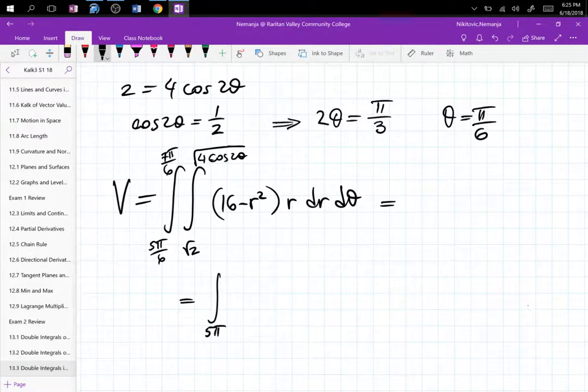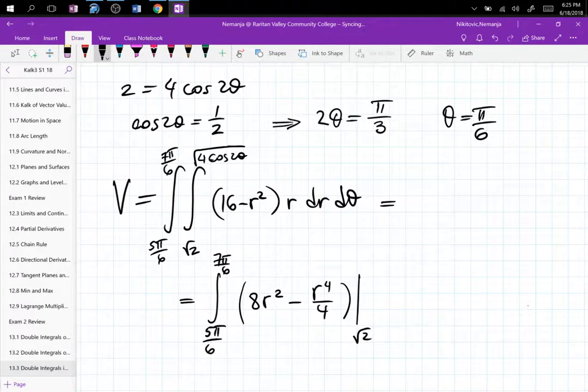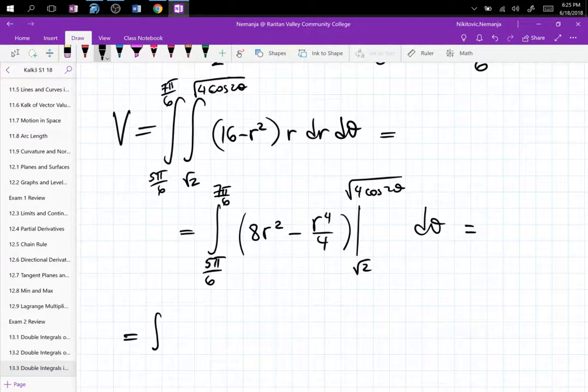So the integral from 5 pi over 6, and now we are integrating 16r, that's 8r squared, minus r cubed, that's r to the 4 over 4, computed from root 2 to square root of 4 cosine 2 theta d theta. You see, that kills the root, which is good.